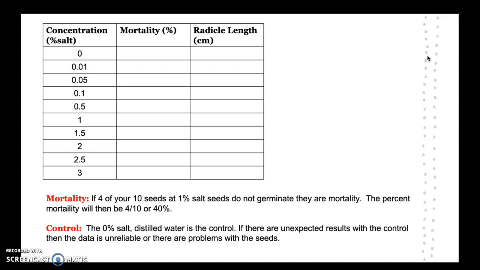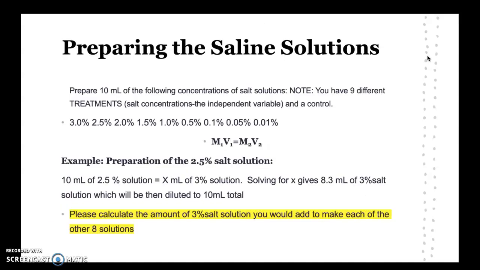But that could happen. So anyways, you've got your control, you've got your data table, and it's probably going to look a little bit like that. You'll need to set that up because there is not a data table in the lab itself. So you've got to have that set up so that when we get the data, and I think it's going to be on Tuesday, you'll have it.